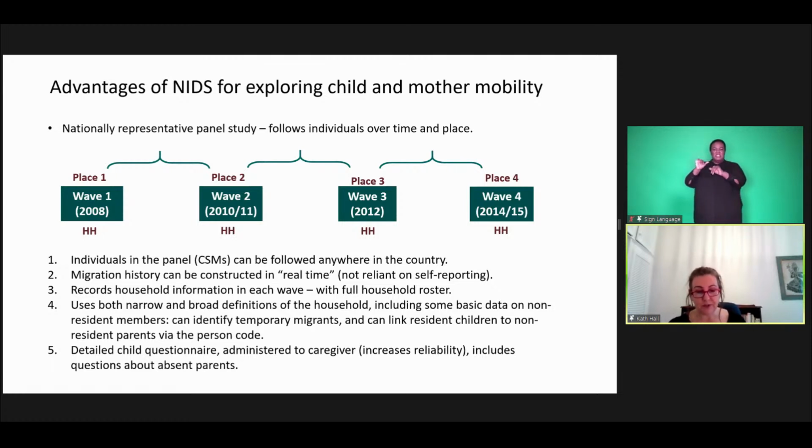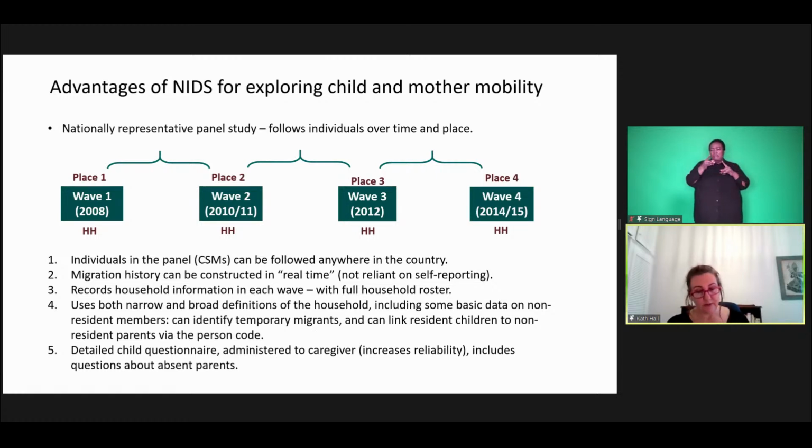The household roster records the same basic information about non-resident household members as it does about resident members. So for an analysis of children and their parents, it was useful because even if a parent is a non-resident member, children can still be linked to them via the person code and the household roster. And you can still obtain basic demographic information, for example, about a non-resident mother through the proxy interview.